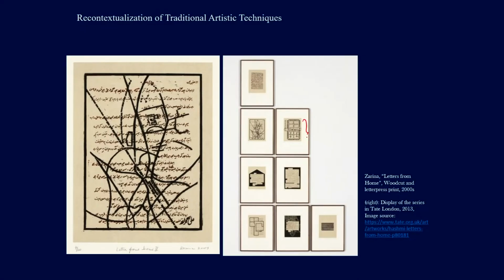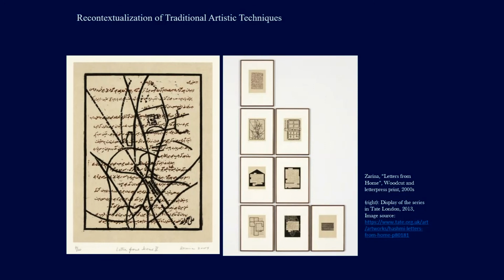It can be city maps, sometimes plans of houses like this one, or the shape of a house like this, where the letter is securely kept within the shape of the house. So this kind of imagery is much more immersive and meditative, and the images were created by woodcut or letterpress.